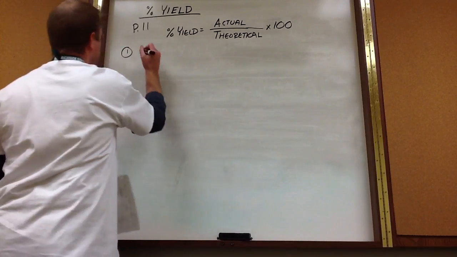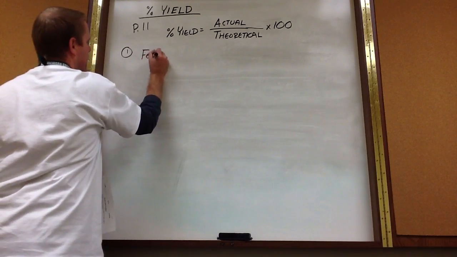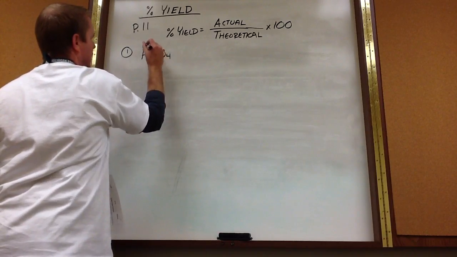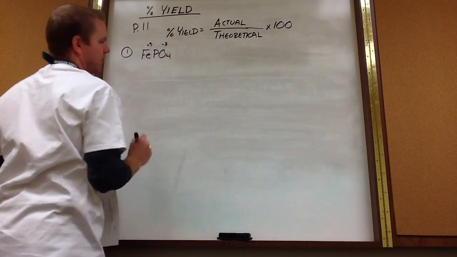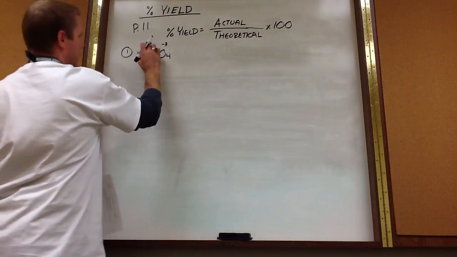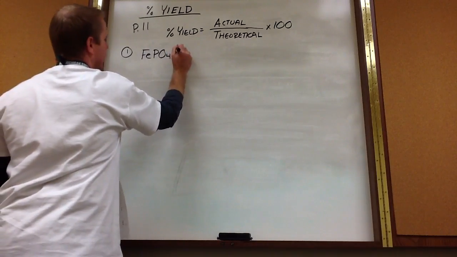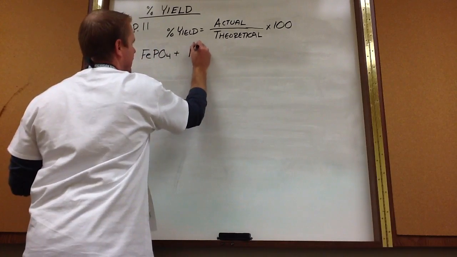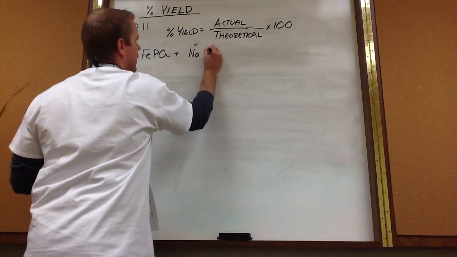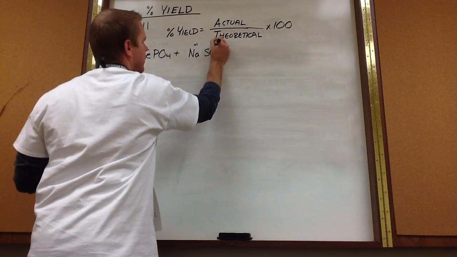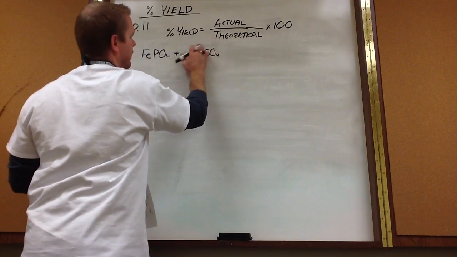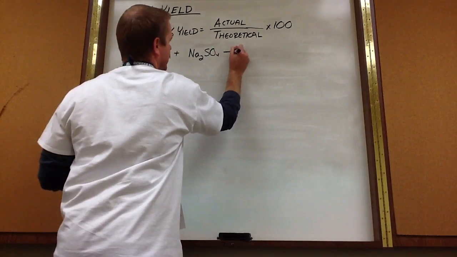FePO4 is iron 3 phosphate, plus 3 for iron 3, minus 3 because phosphate always carries that charge. So plus 3, minus 3, you're good. Plus sodium sulfate, Na plus 1, SO4 minus 2. Therefore, Na2, plus 1 to cancel out the negative 2.